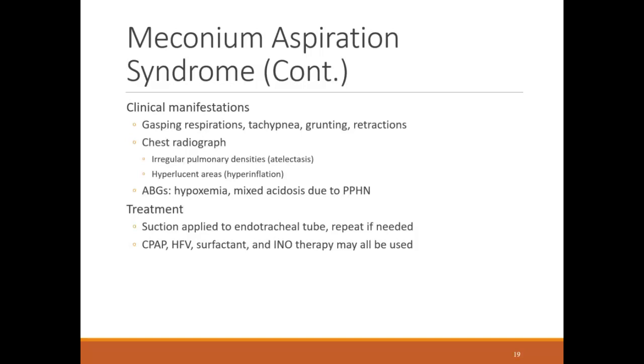So primarily you're going to be suctioning these patients, potentially putting them on CPAP, intubating them, and using nitric oxide if you suspect PPHN as well. If you want to try nitric oxide, 20 parts per million is the recommended dose for babies. If within 20 to 30 minutes you don't see an improvement in oxygenation, I would start weaning it off.